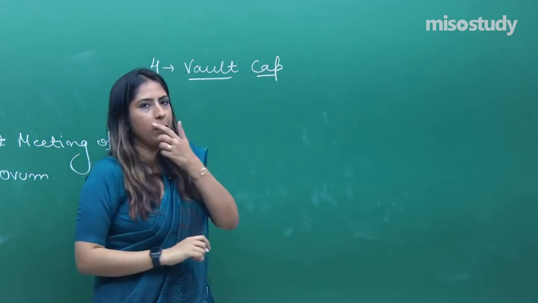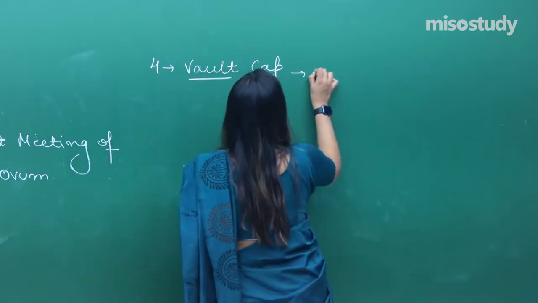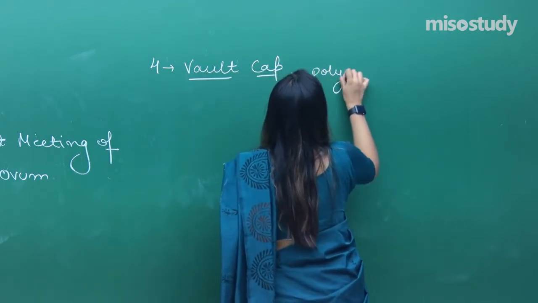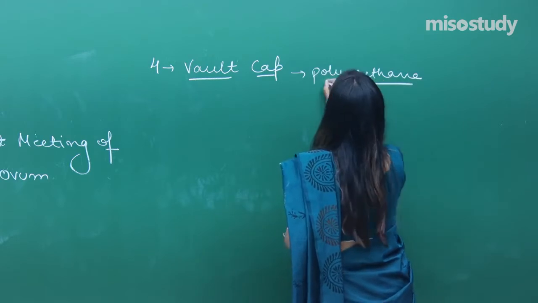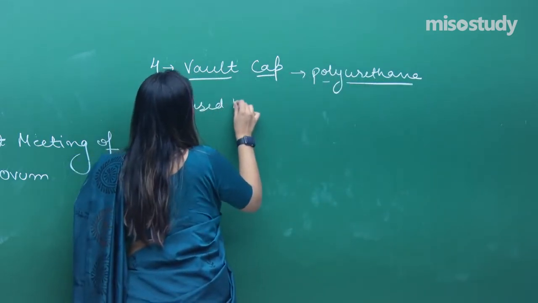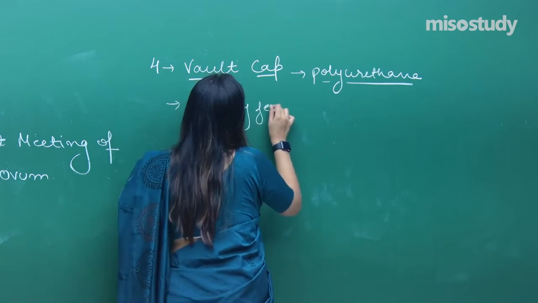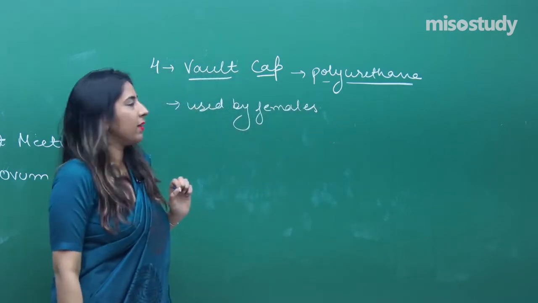This is also made up of the same material, that is polyurethane. It is placed over the vagina and used by the females, right?